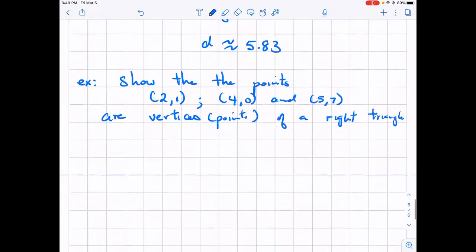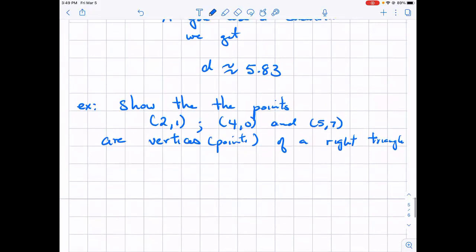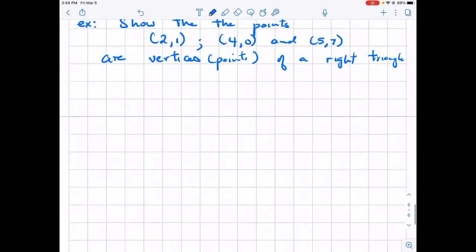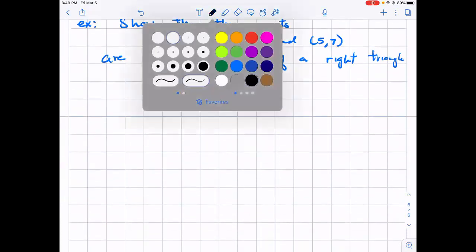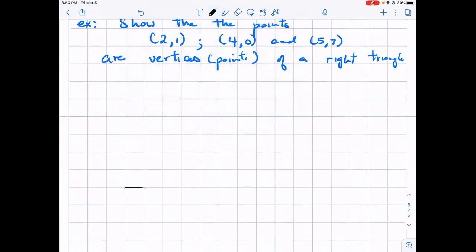So let's put those points on a graph. You don't have to graph this, but I just want you to get a visual picture of what's happening. So let's say I have a point here. Then I have a point here. So let's say this is the point 5, 7.